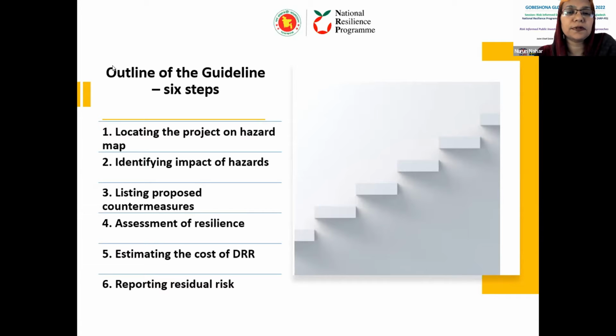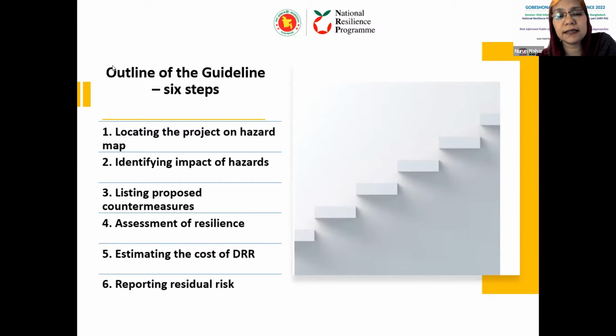So the first step would be to identify the location of the project, and then identify the impacts, what kind of impacts are there from high to low. And once we identify the impacts of the hazard, we try to identify the countermeasures to mitigate the impact.